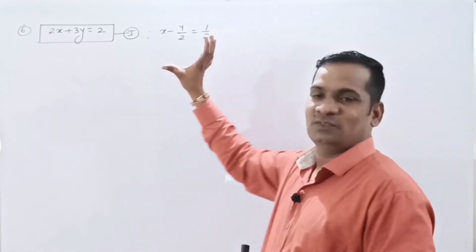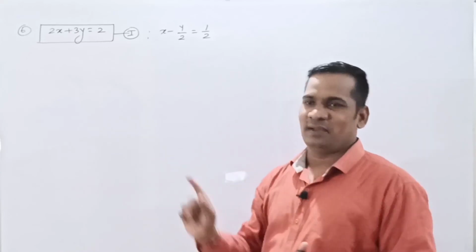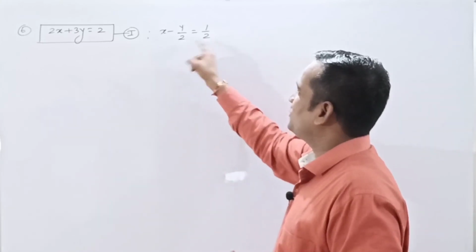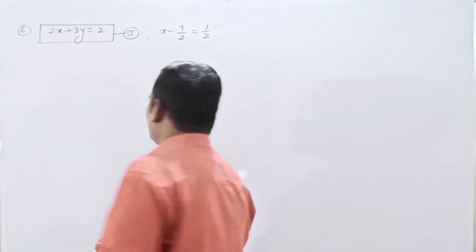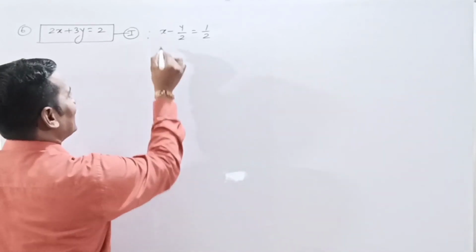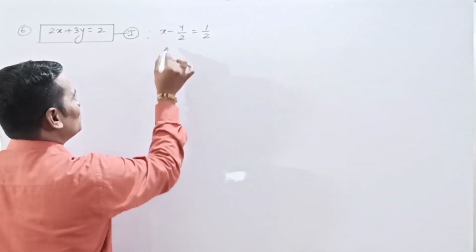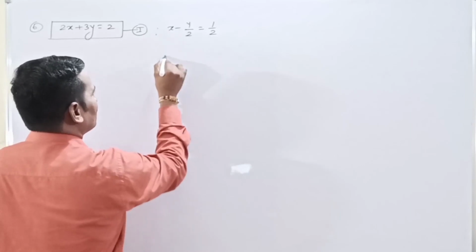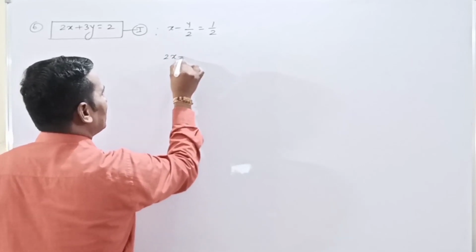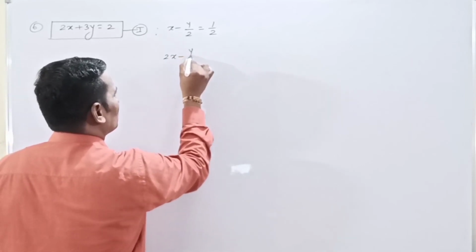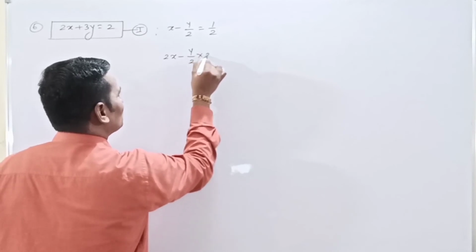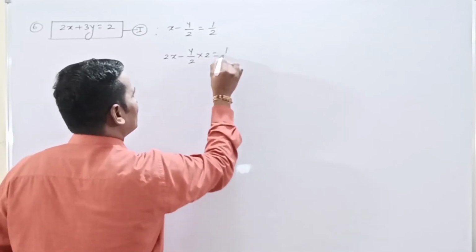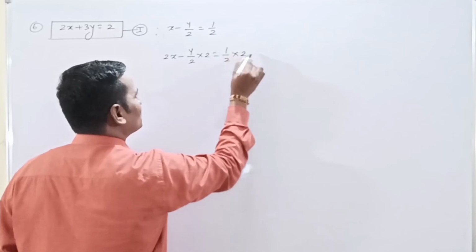For that purpose we will multiply the whole equation by 2, because we don't want that 2 in the denominator. So multiplying the equation by 2, this will be 2x minus y upon 2 into 2 is equal to 1 upon 2 into 2.